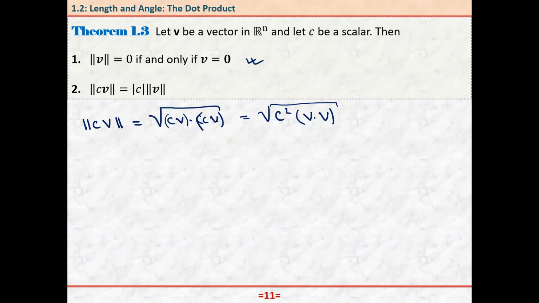So I can write, again using the property of roots, square root of C squared times square root of V dot V. And what is square root of a number? Square root of a number is always positive. Sometimes students get confused. For example, what is square root of 4?